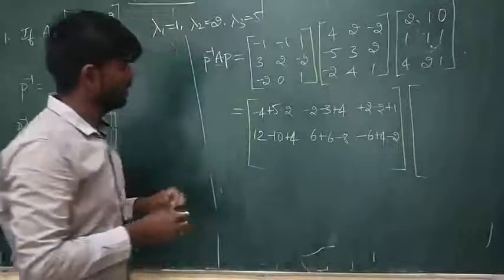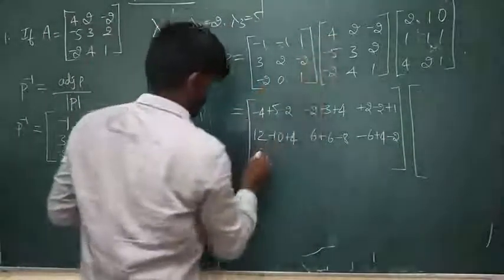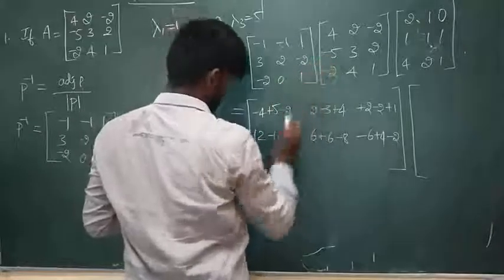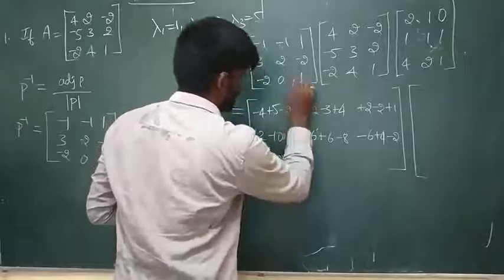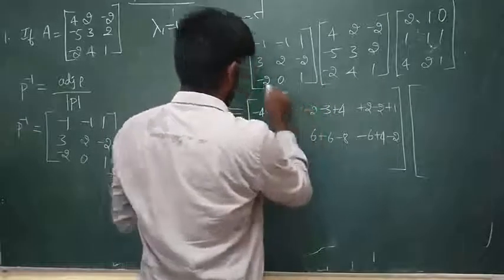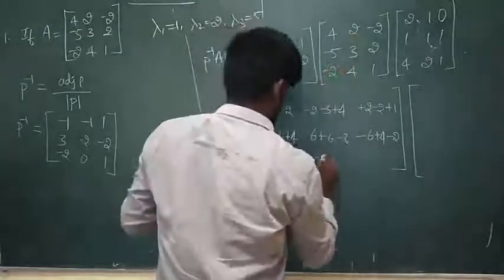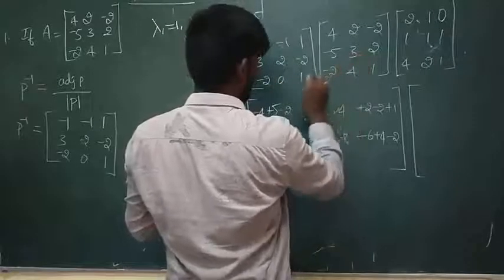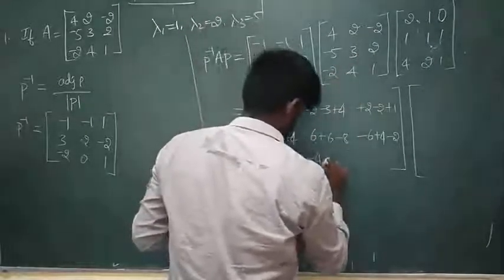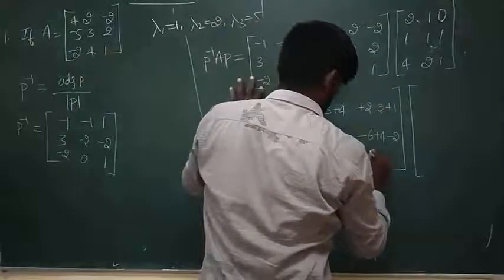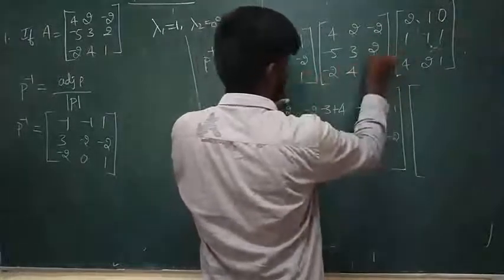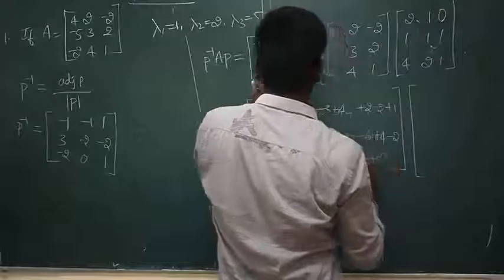And third row, -2 into 4, -8, 0 into 0, 1 into plus 0, 1 into -2, -2 into 2, -4, 0 into 3, 0, 1 into 4, 4, plus 0, plus 4, -2 into -2 plus 4, and 0 into 2, 0 plus 0, 1 into 1.